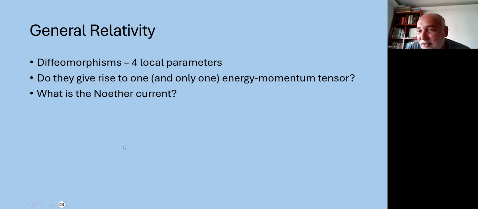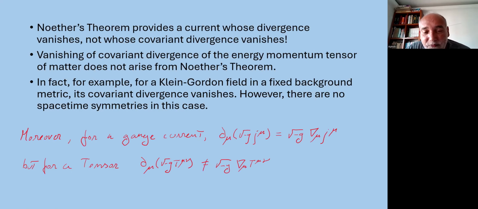Well, actually, I think your first answer is entirely correct. There is no Noether current. But it is not exactly for the reasons that you are saying. First of all, I'm calling attention to this because I hear so often people say that the covariant divergence of the matter tensor results from Noether's theorem. It does not.